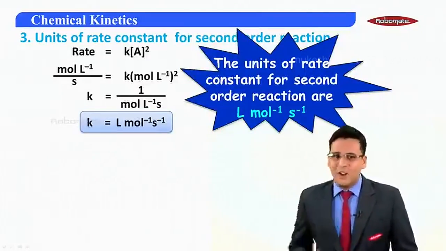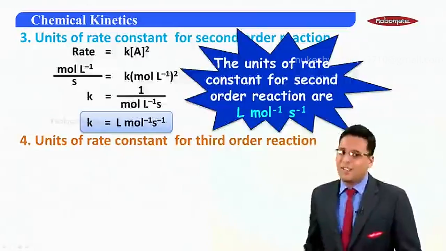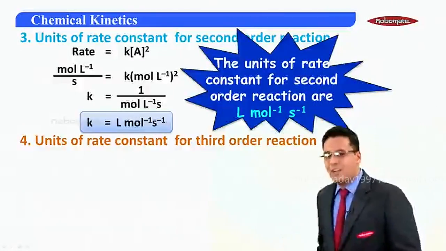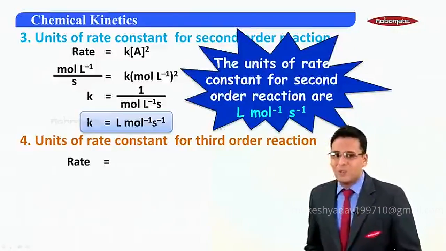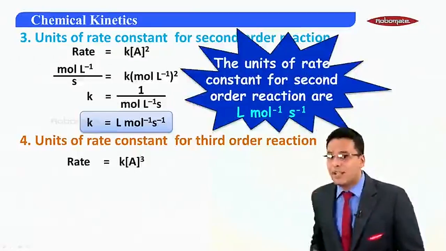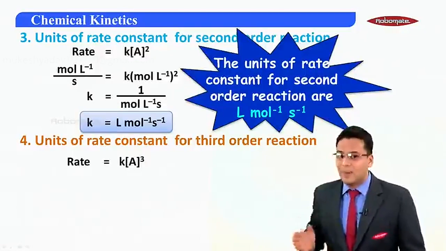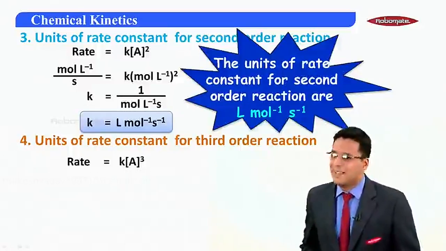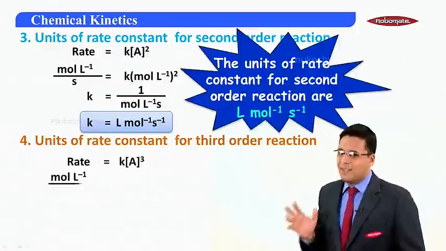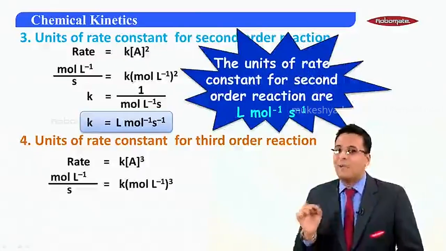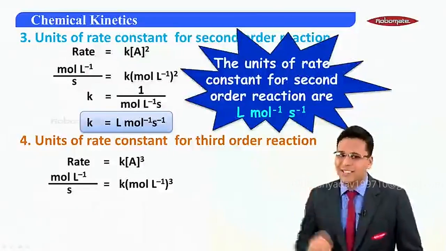Come on, let's try this for a third order reaction. Let's do the same thing. Let's write the rate law expression. Rate is equal to K into concentration of A raised to 3. It's a third order reaction. Let's write the units on both left and the right side of the equal to. We will get mole per liter per second is equal to K into mole per liter whole raised to 3.